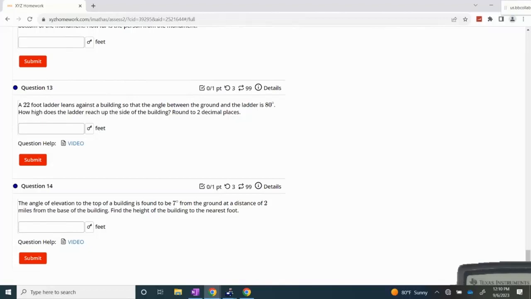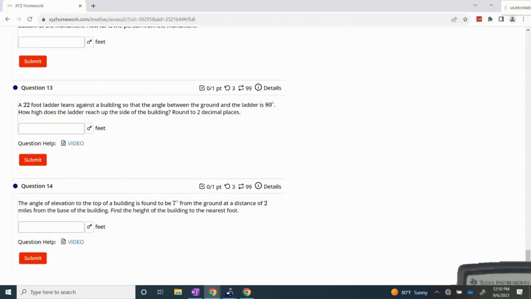On some of these things, you have to be careful because here the unit is miles. Then it says find the height of the building to the nearest foot. So they're giving us a dimension in miles, but they want the final answer in feet. So there's going to be some conversion at the end of 14.